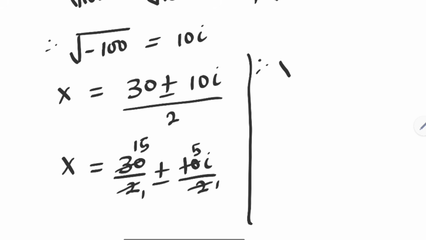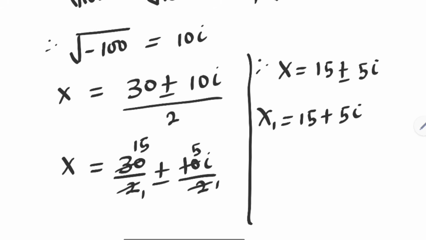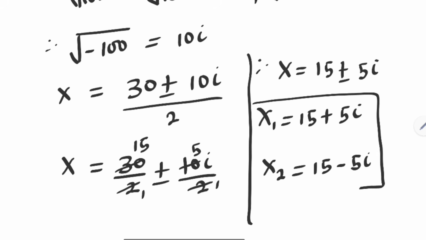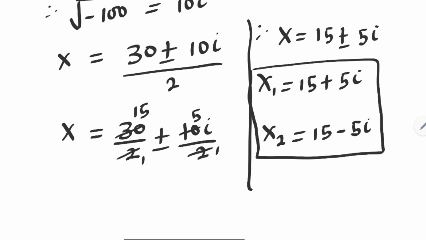Therefore, x is equal to 15 plus or minus 5i. x1 is equal to 15 plus 5i. Then x2 is equal to 15 minus 5i. These are the values of x. We've gotten the values of x. Let us solve for y.